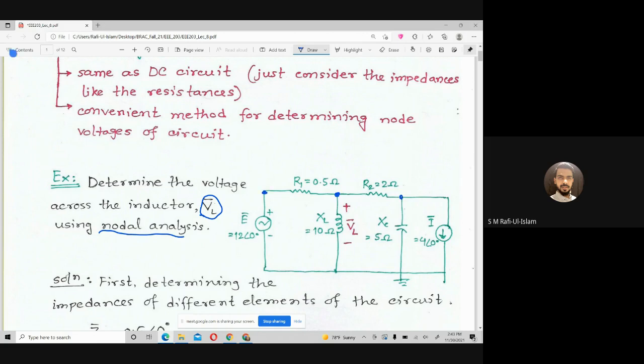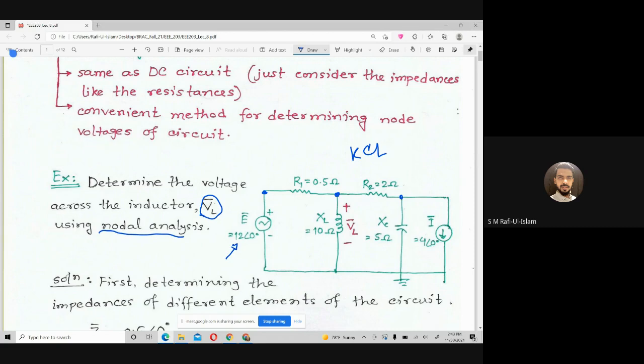Now the rule: since we'll be writing the KCL current law, we need to know about current. If there is any voltage source, remember we must write a separate equation for that voltage source.